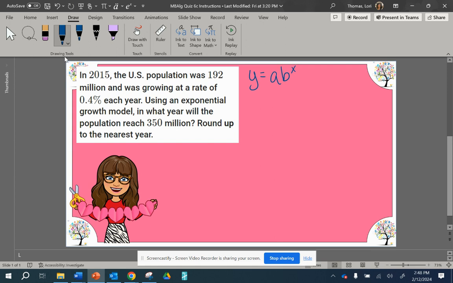Y is our total. So our total, we want to know when we reach 350 million. Our initial population is 192 million, and our growth factor is 1 plus 0.004, so 1.004 raised to the x.